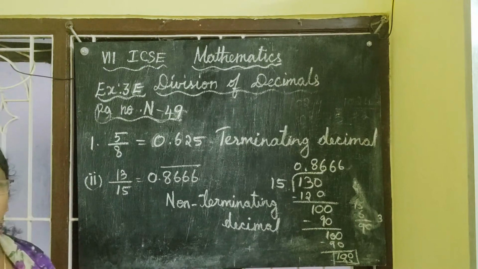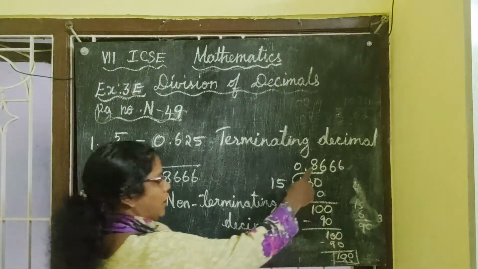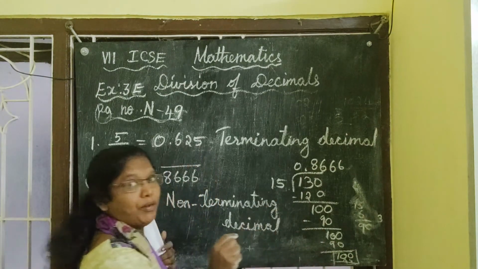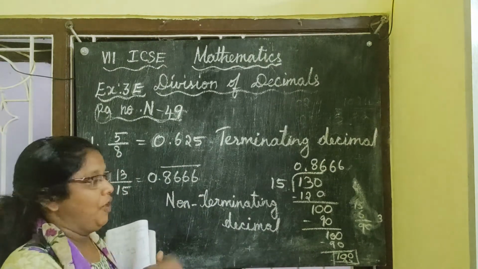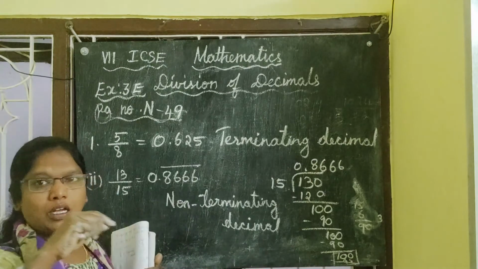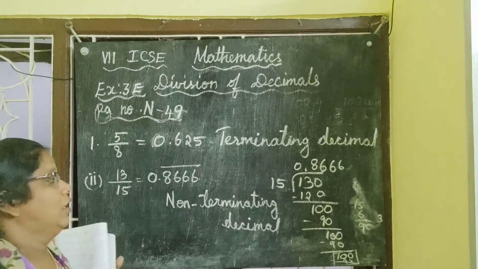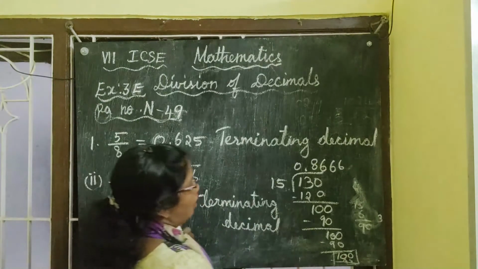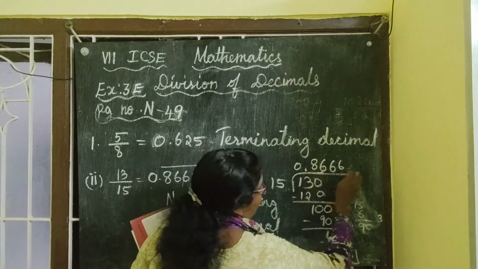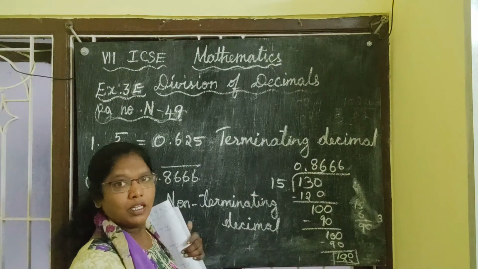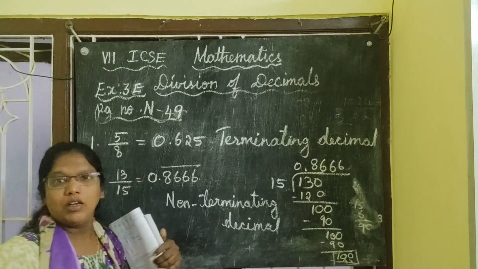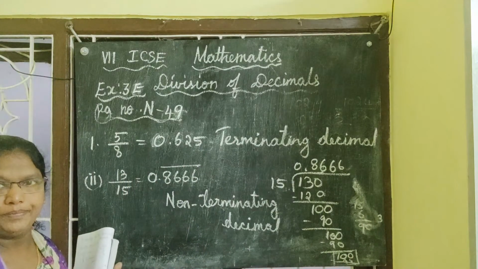Terminating and non-terminating. If we get remainder 0, it is called terminating. If we are not getting the exact number, if we are not getting 0 as remainder and any number comes, it is called non-terminating.